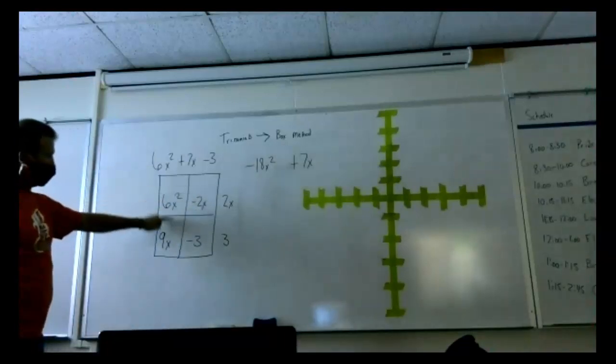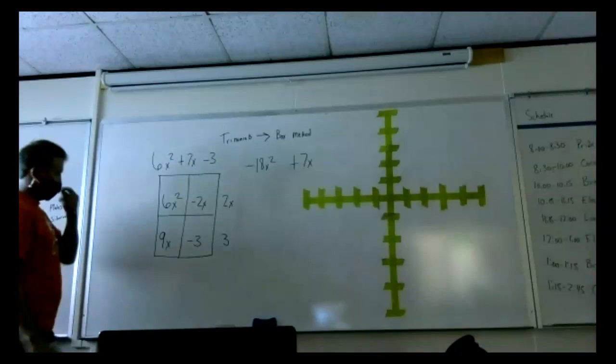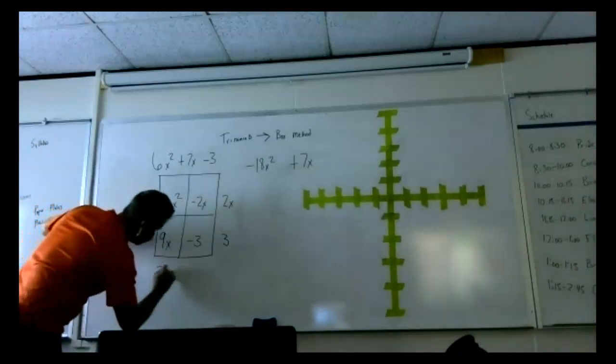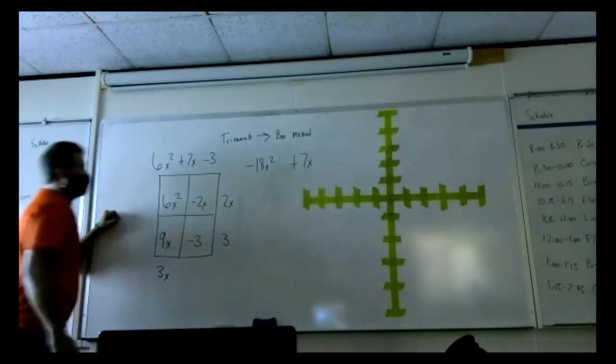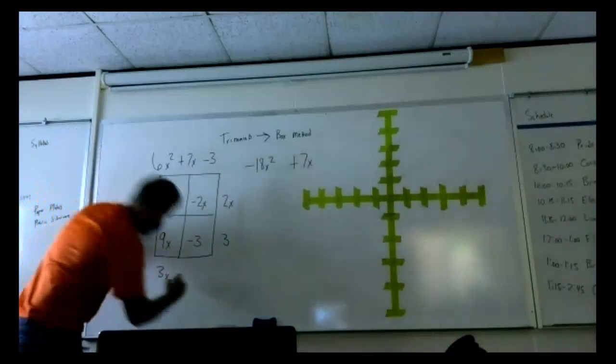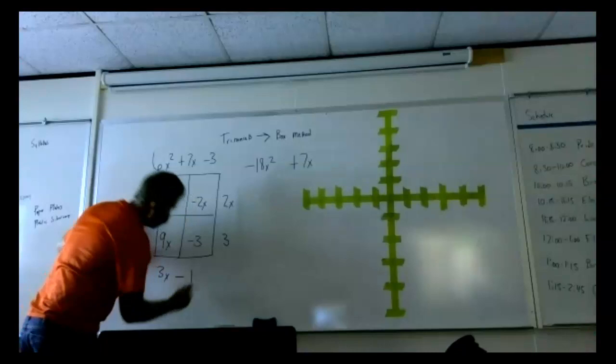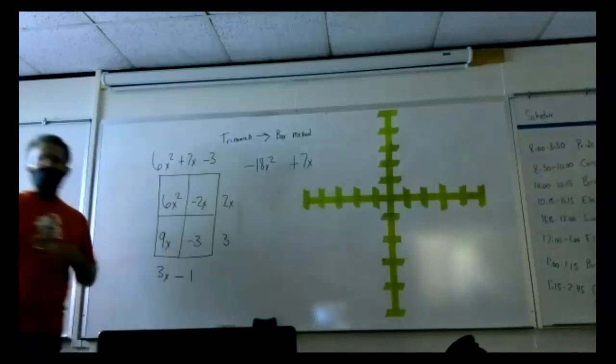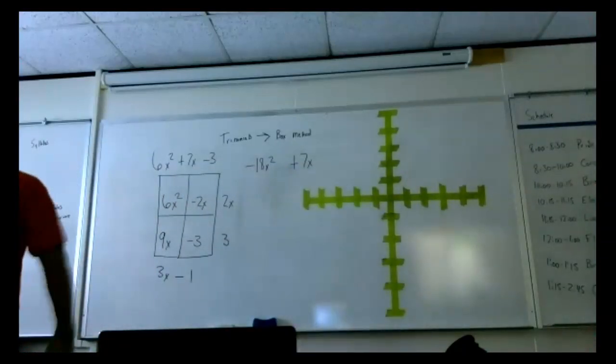Working 6x squared and 9x, the greatest factor between those two is 3x. And then negative 2x and a negative 3, I'm going to take out a negative 1 because that is the only factor that shares both between 2 and 3.